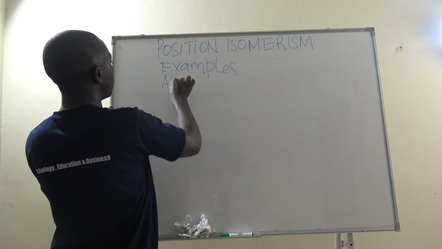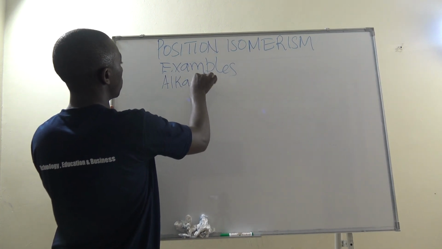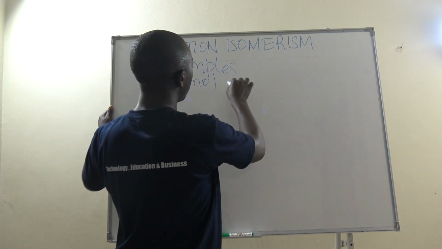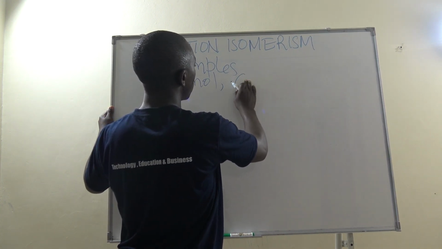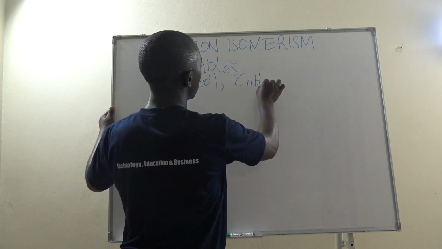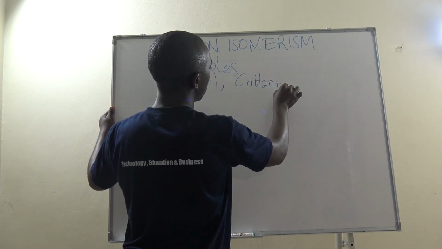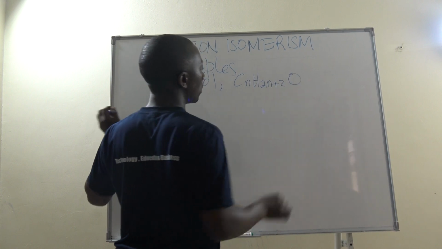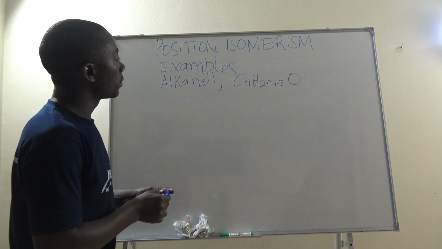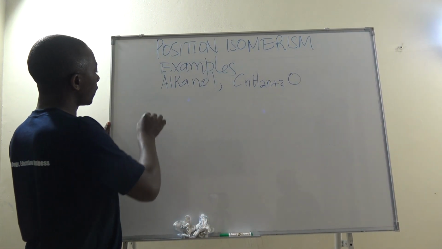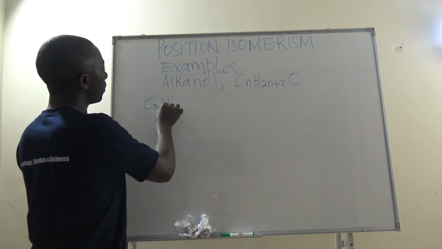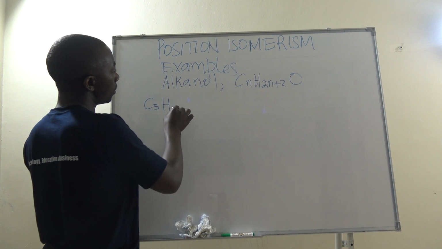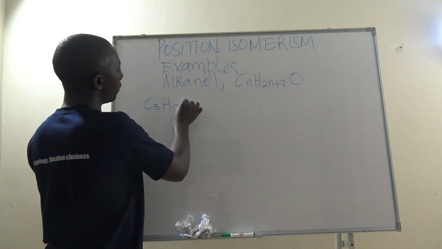I'm looking at an example of position isomerism, and this time from an alcohol. Now, suppose I'm having C5H12O.